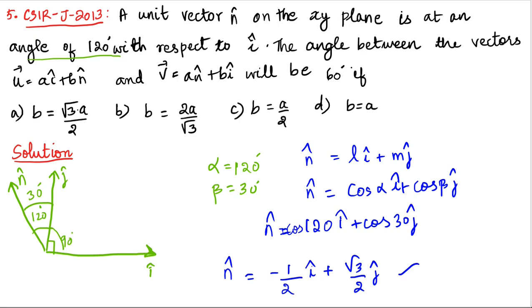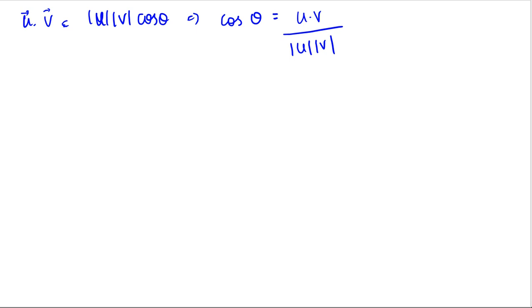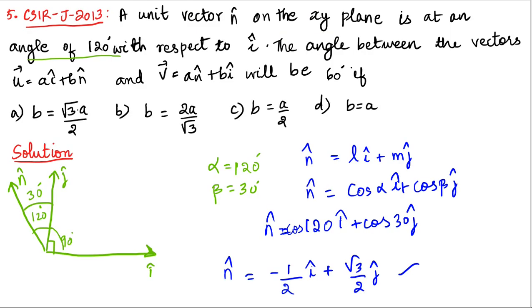According to the question, the angle between the two vectors will be 60 degree if. So here they have given the theta value, which is 60. So cos 60 would be 1 by 2. So now we have to find u dot v by u into v. So now you have your u vector as a i plus b n.